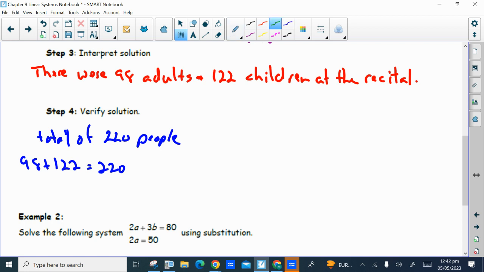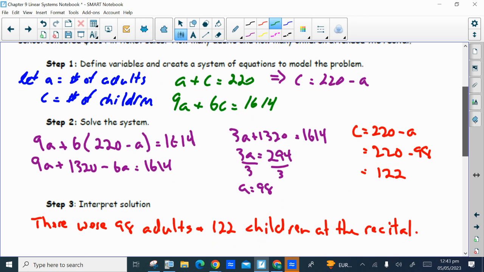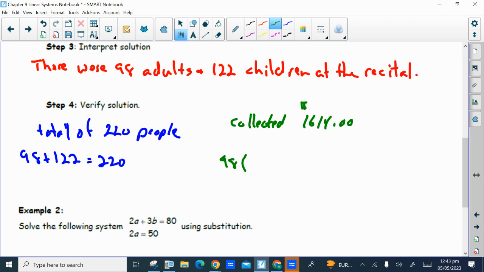The second thing we were told is that they collected $1,614. So if we take our 98 adults times adults pay $9 a ticket plus our 122 children, and the ticket prices for children are $6 per ticket.